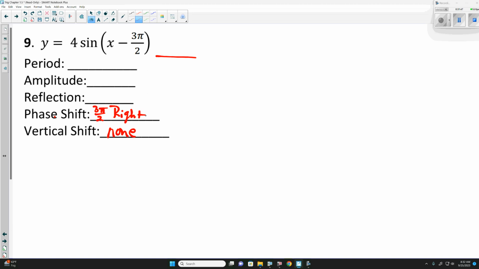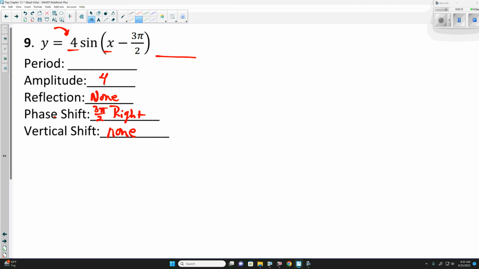Is there a reflection? We look in front of the 4, or where the 4 is at in front of x. Both are positive, so there is none. Amplitude. The value in front of sine, which is 4. So the amplitude for this would be 4.